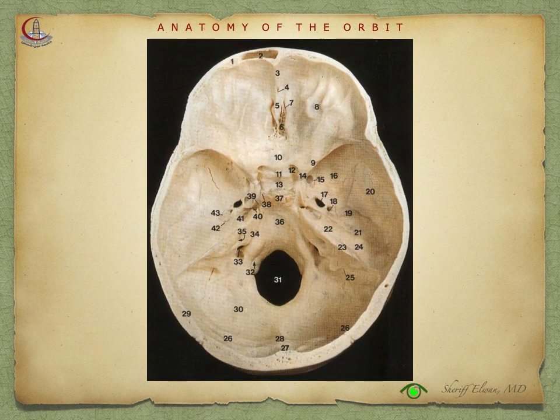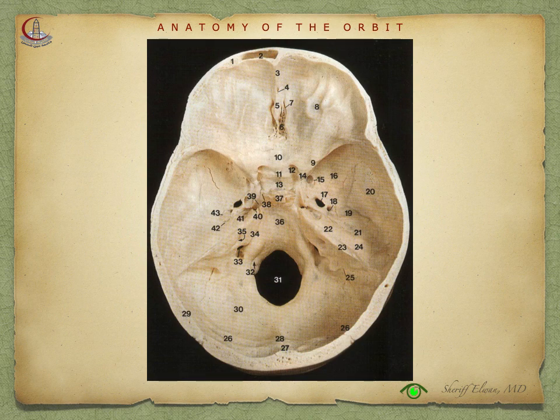This is a view of the cranium from inside after removing the vault of the skull. You can see the anterior cranial fossae, which are two, one next to the other, the two middle cranial fossae, and the posterior cranial fossa.